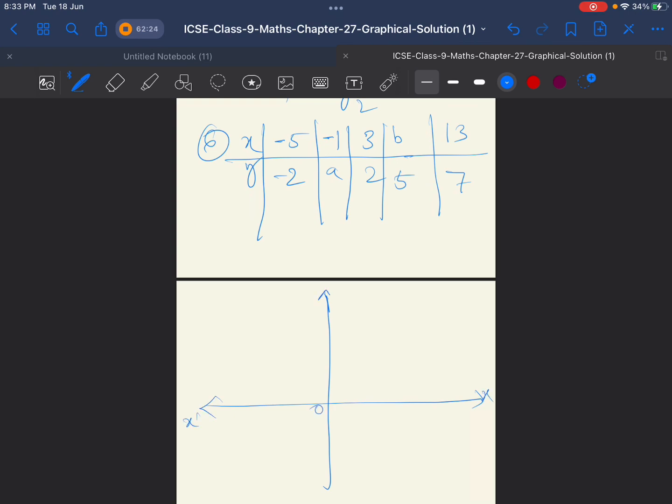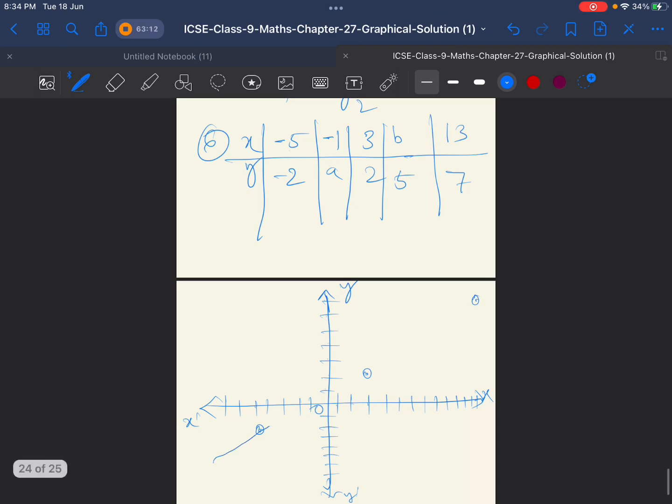So first we draw a graph with XOX dash and YOY dash. The first point is minus 5, minus 2, and it is here. The next point is 3, 2, and it is here.